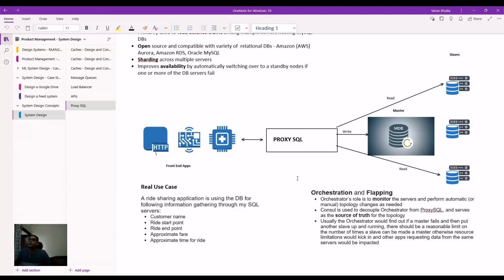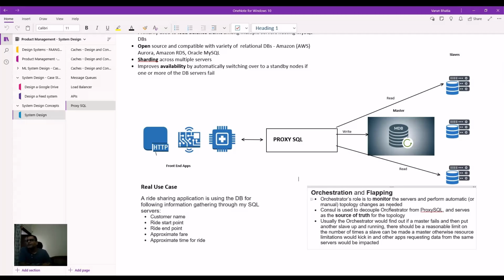So for example, once you set up the topology where you have this master node and three slave nodes, this is how you set up your monitoring. Now, as and when you scale, let's say you put in more master nodes, or more slaves, you'll have to change the topology, and the orchestrator will help you facilitate that.